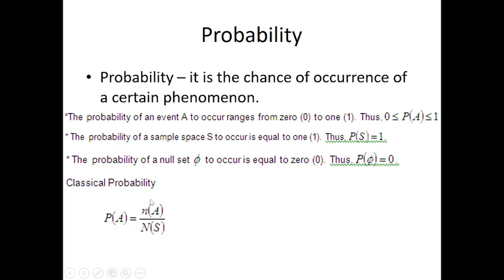So, ililista lang natin yung lahat ng outcomes dun sa event A, bibilangin natin, tapos i-divide natin sa lahat ng bilang ng mga outcomes dun sa sample space. So, all possible outcomes in event A over all possible outcomes in the sample space. Okay?